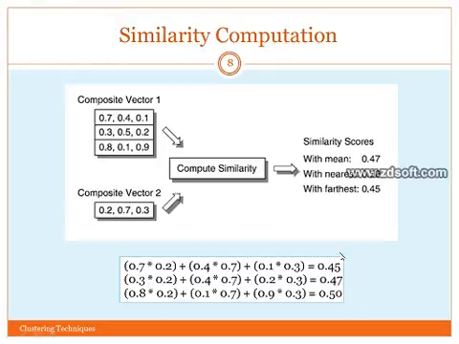Based on this value, it clearly shows that the last document has the highest similarity value, which is 0.5. So the new document will be classified under the third document's cluster.